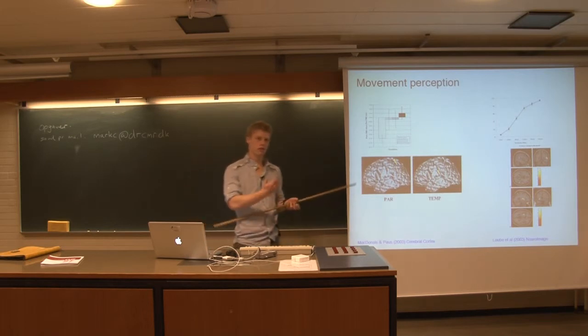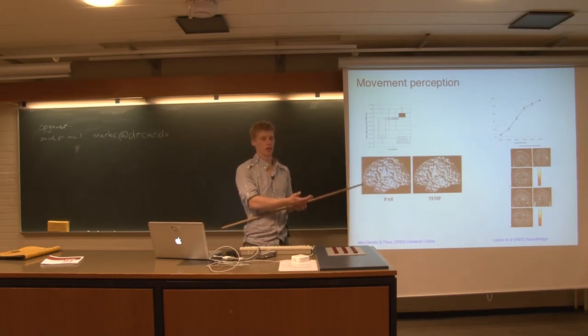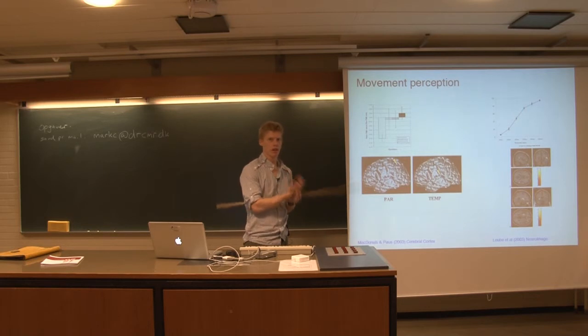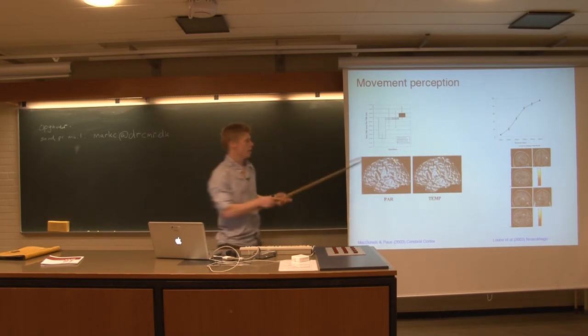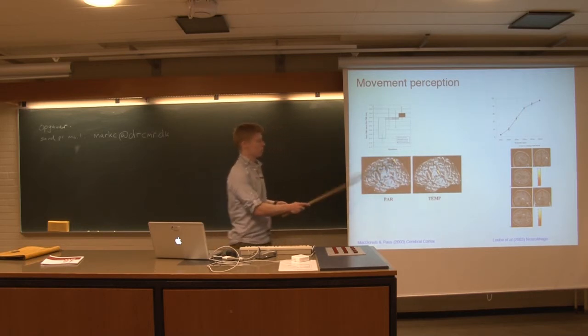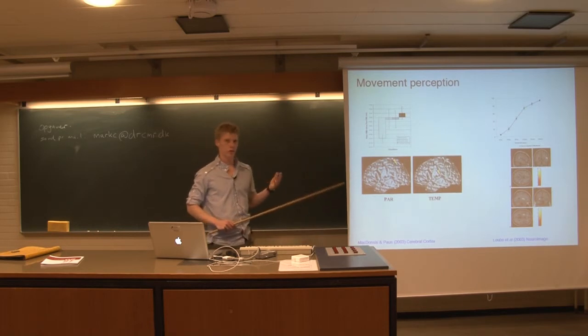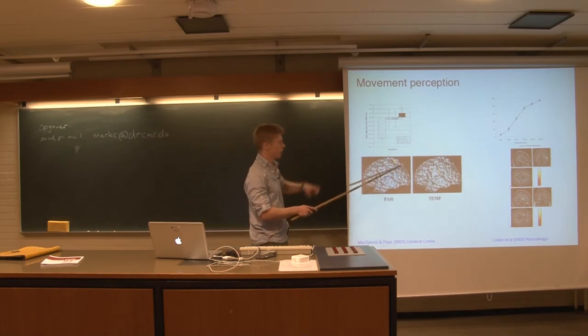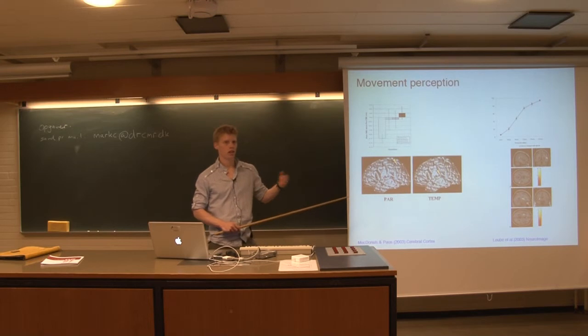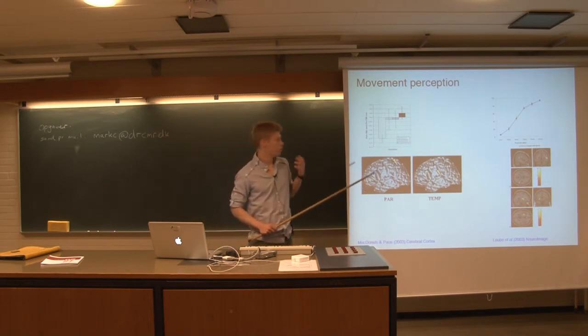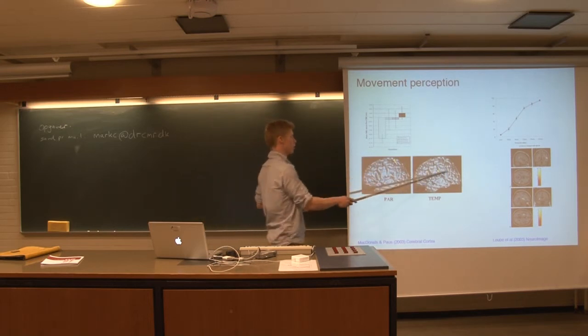Whereas if you do a passive movement, so you're not doing it yourself but somebody else is making a passive movement of your body, and you inhibit this area with TMS, you will not see an effect. So it's really specifically related to perceiving movements that you produce yourself.